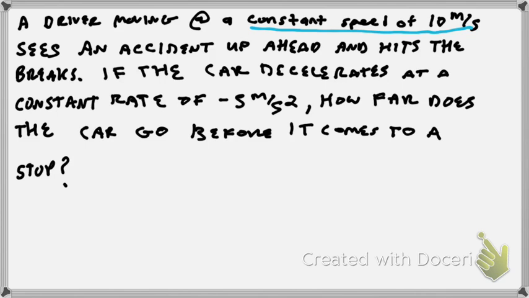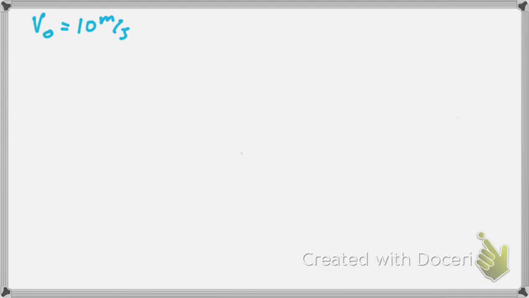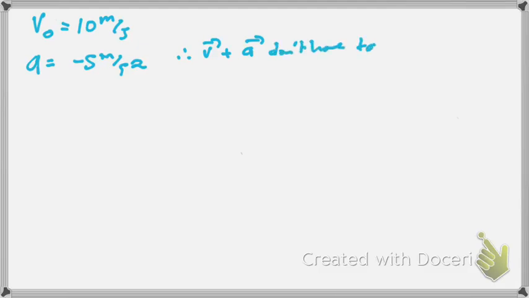So now he is decelerating at a constant rate of -5 meters per second squared. So his acceleration is -5 meters per second squared. Remember, we said that the velocity vector and the acceleration vector don't have to be in the same direction, right? So let's go back.